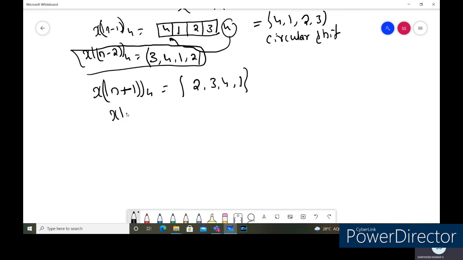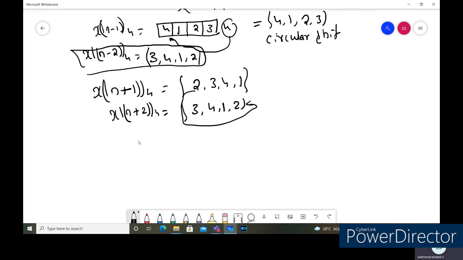Similarly, for x of n plus 2 mod 4, the 2 will go out and come and occupy the last position. This kind of shift we also call a circular shift.